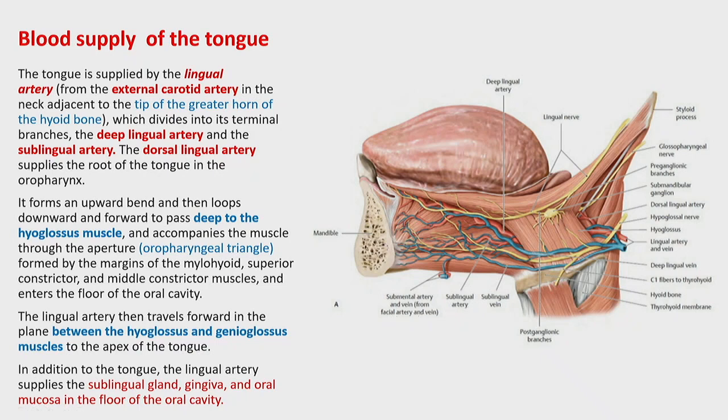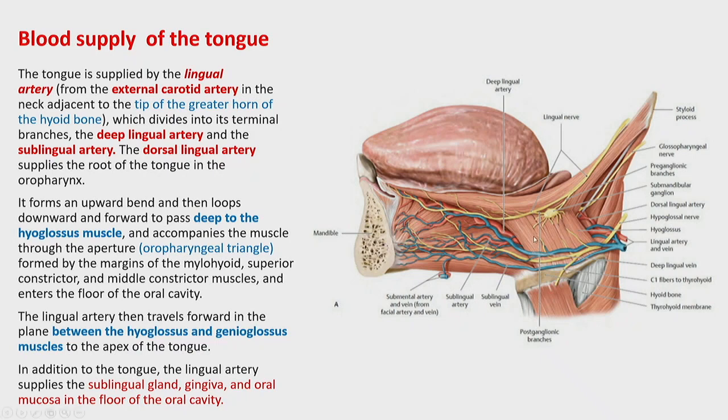If you go to the details of the pathway of this artery, it's interesting that the lingual artery, which we said is at the level of the greater horn of the hyoid bone, goes deep to the hyoglossus muscle. As we mentioned, it passes through the oropharyngeal triangle, the gap between the superior constrictor, middle constrictor, and the mylohyoid muscle.